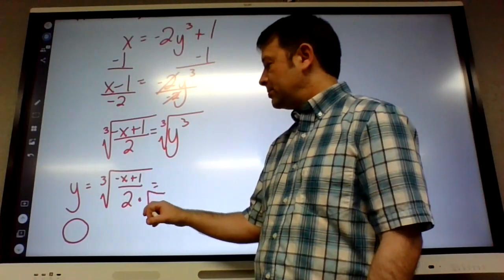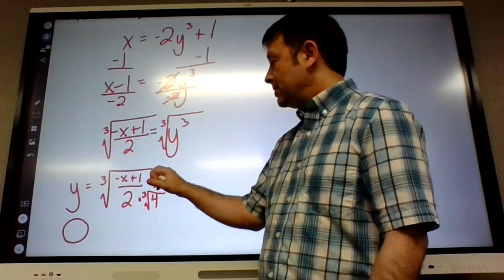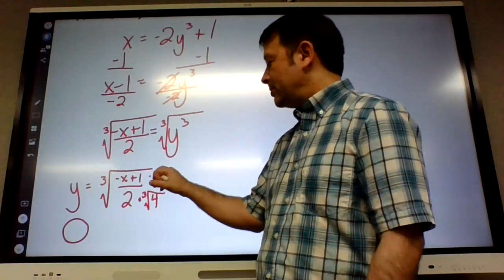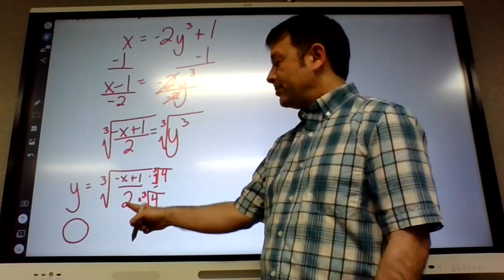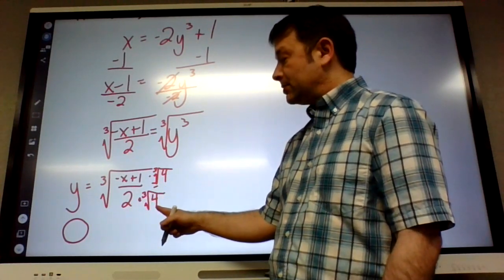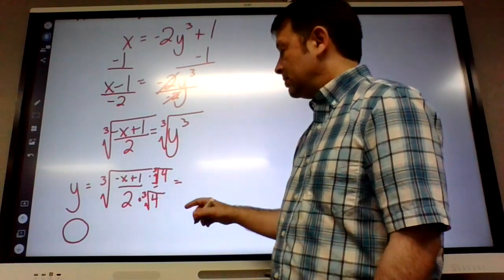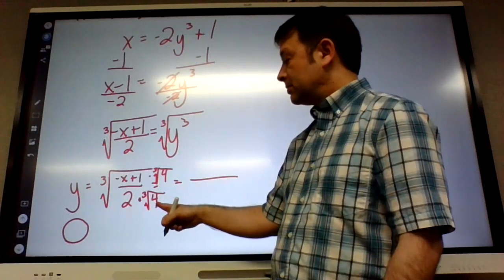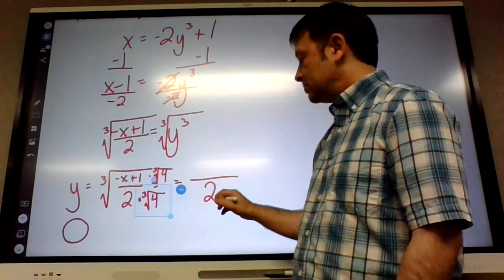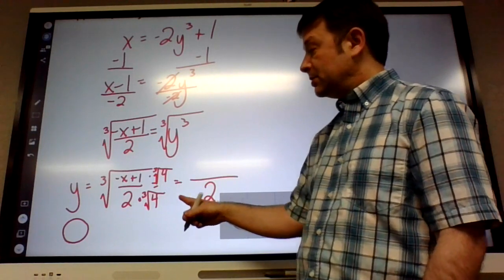So what I'm going to do, most of us never mastered this back in chapter 2, is multiply the top and bottom by cube root of 4. Because that will make the bottom cube root of 8. And what is the cube root of 8? 2. So now we have no more cube root in the denominator.